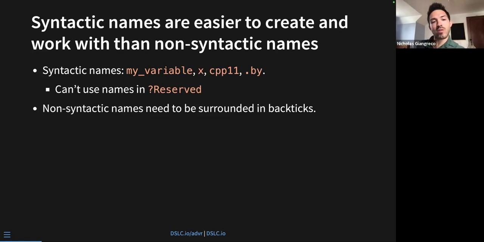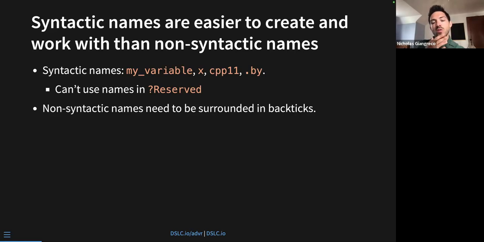So examples of syntactic names are alphanumeric names, with letters and numbers, including underscores and periods, like these here: by_variable or x or CPP11 or like .by, which is an argument for many dplyr functions now.